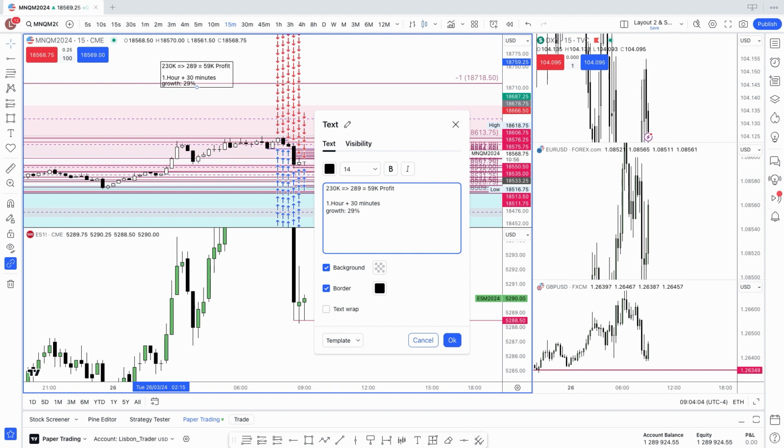Well, actually this is 289, well, 290, let's call it 290, because this is 9.9, so this is 290, so it's 60. Okay, so we are sitting 29% growth on the year in March.